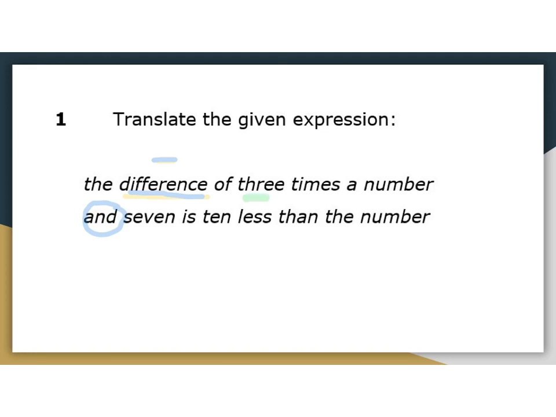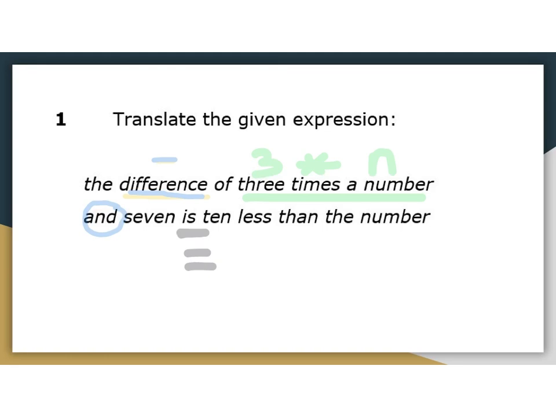Of 3 times a number, so here we know that we're getting 3 and we are multiplying it by some number that we don't know, so that's going to be a variable. And 7 is our equal sign. 10 less than the number.